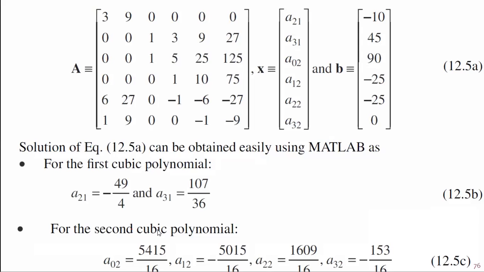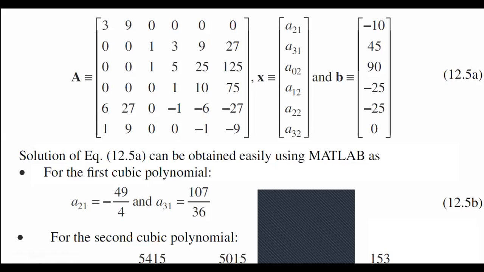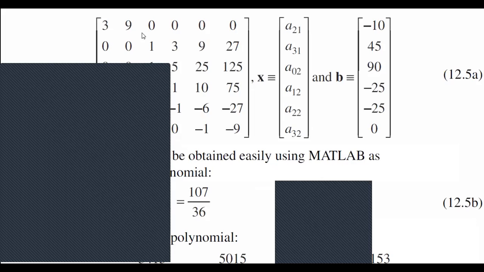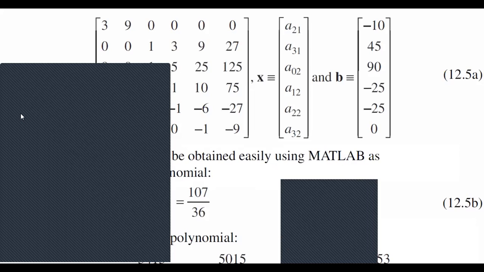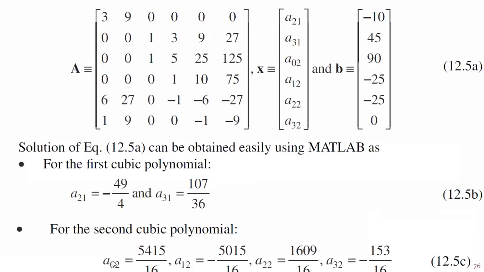And for the second polynomial, a02 is equal to 5415 divided by 16, a12 is equal to minus 5015 divided by 16, a22 is equal to 1609 divided by 16, and a32 is equal to minus 153 divided by 16.